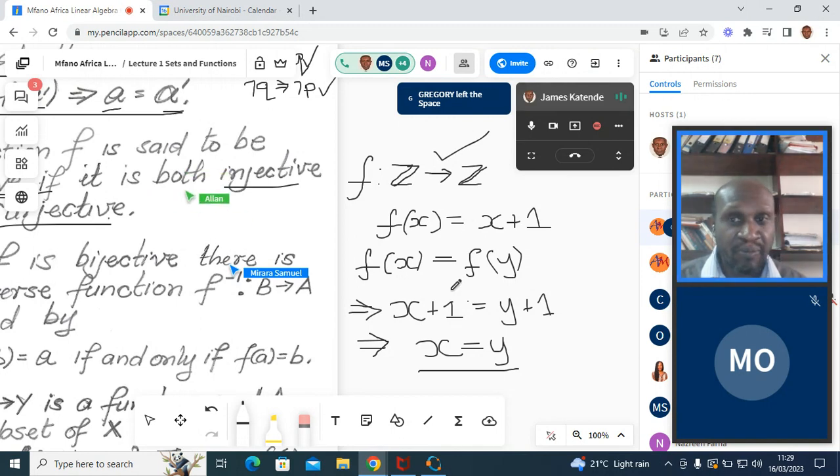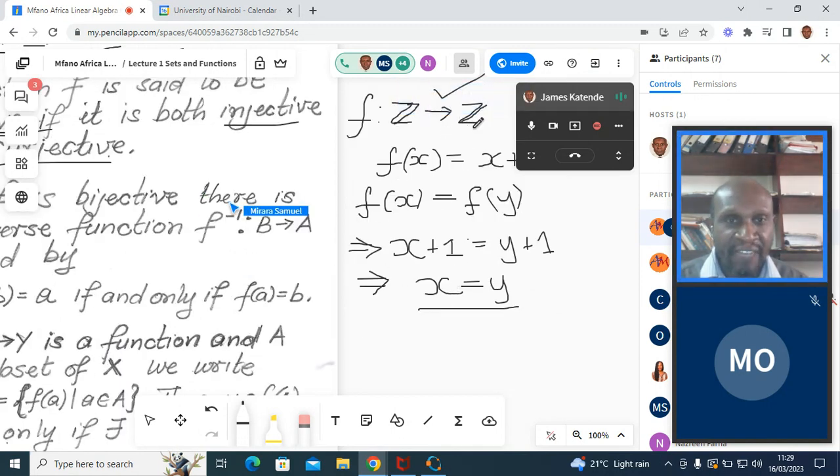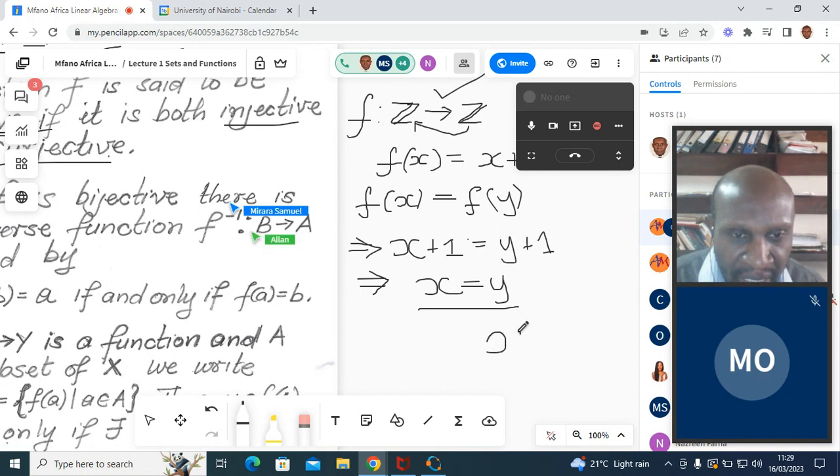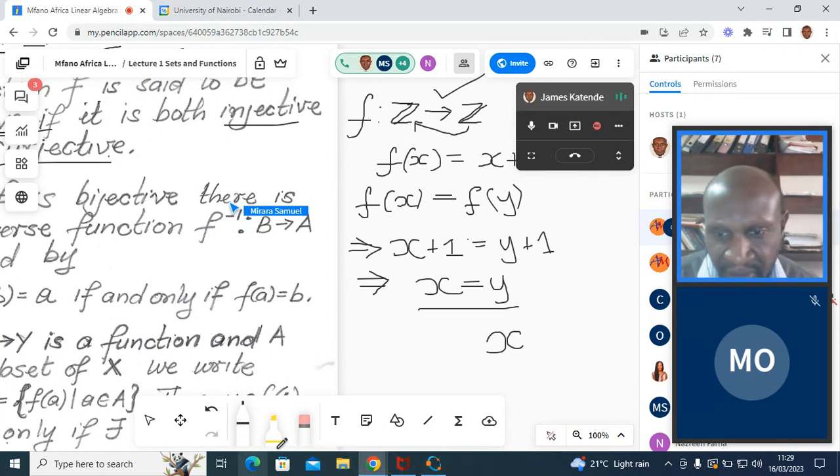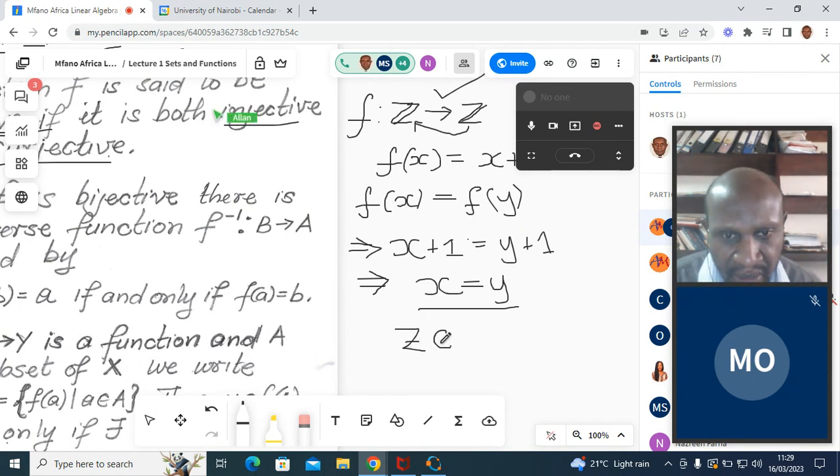Is it surjective? Surjective simply means if I pick any element from the codomain, I should be able to find a preimage for that element. So let's pick an element, let's call it z, which is an integer.